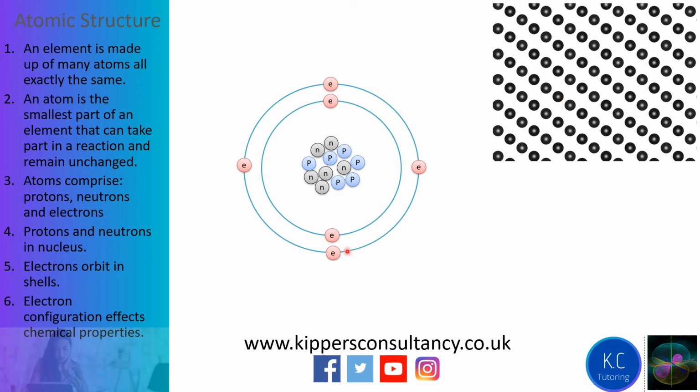Looking back at our previous diagram of an atom, we can see that the atom is made up of 3 different types of subatomic particles. These are protons and neutrons, which are in the nucleus, and electrons, which orbit around the nucleus in a cloud arranged into different shells.